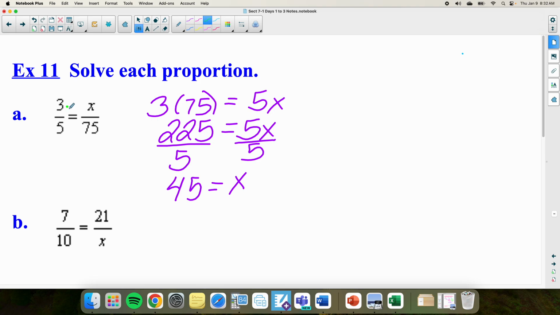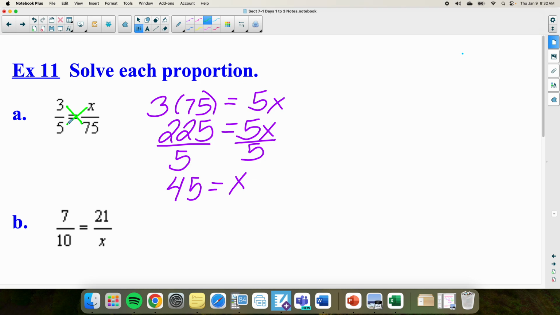So what you can do is multiply these two. So go 3 times 75, and then you divide by what's opposite your x. Yep? Another way to do it is you can just divide 75 by 5 and it gives you 15 and multiply 3 by 15. You can do that too.